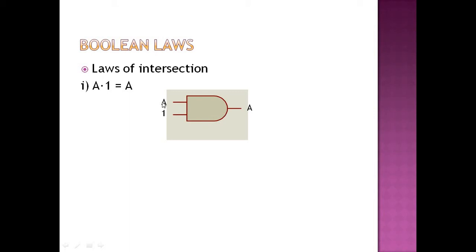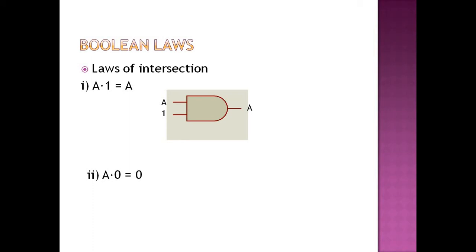Consider the first case, A equal to 0. If one input of the AND gate is 0, the output is 0. Now consider A equal to 1. Both inputs of the AND gate are 1, so we get the output 1. So the output of the AND gate depends only on the input A, and that's why we say A dot 1 is equal to A.